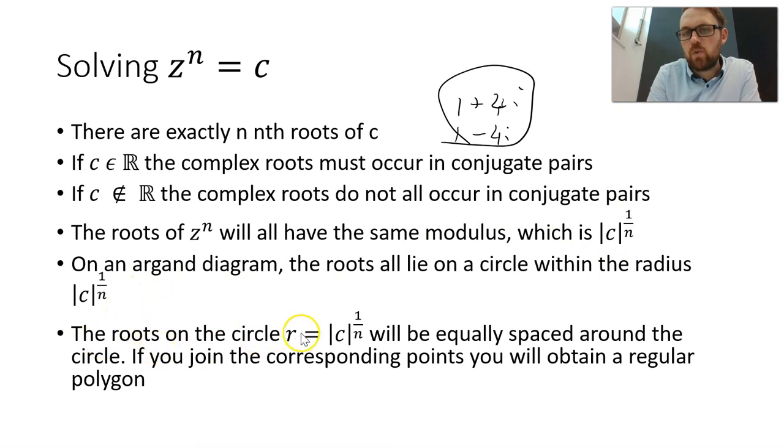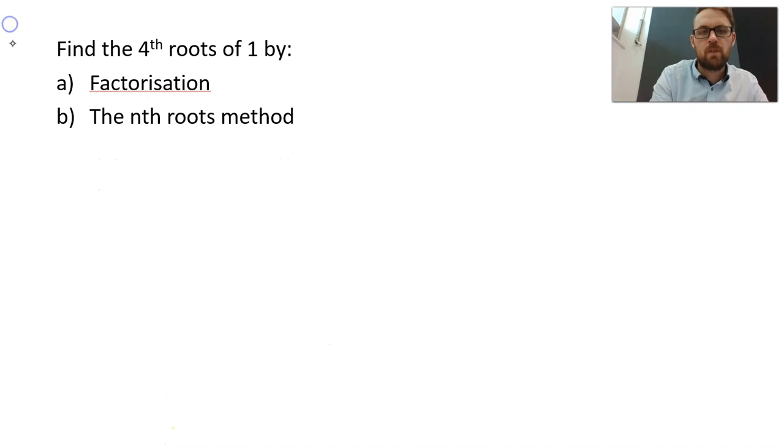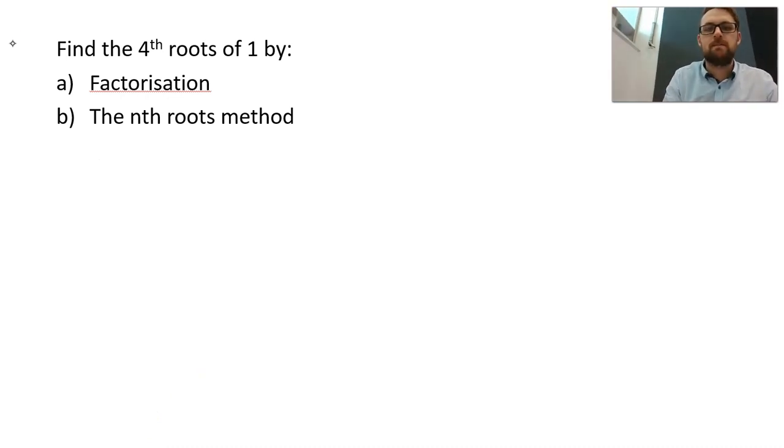The roots on the circle r equals the modulus of c to the power of 1 on n will be equally spaced around the circle. If you join corresponding points, you will obtain a regular polygon. We'll have a look at that in a minute as well, but those are the rules, which we might revisit later. Let's have a look at what this actually means.